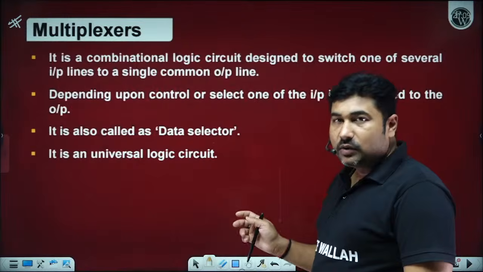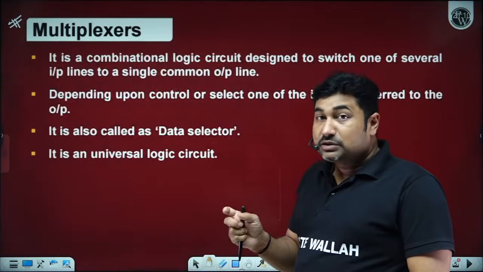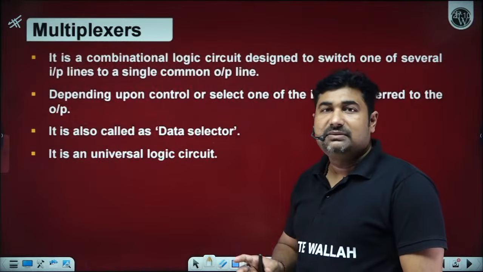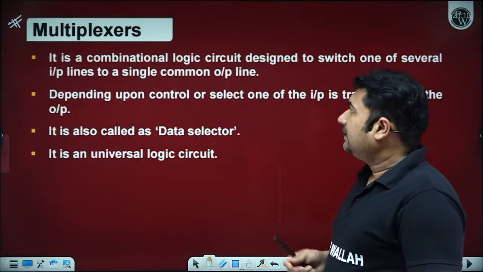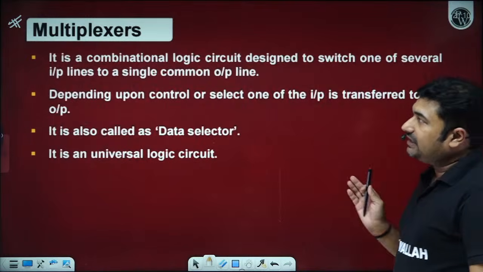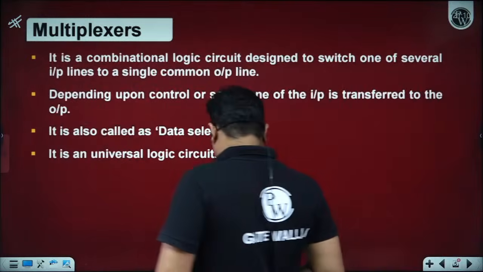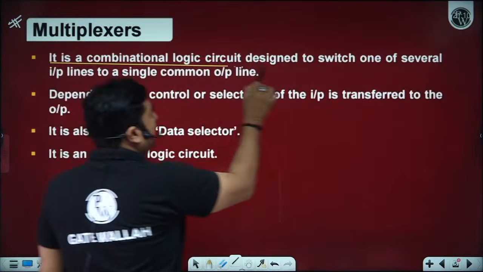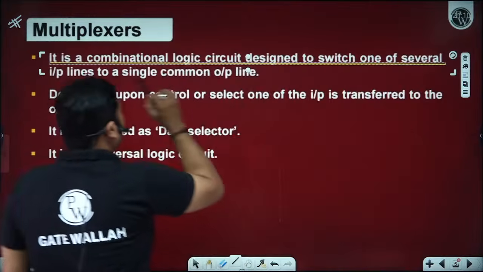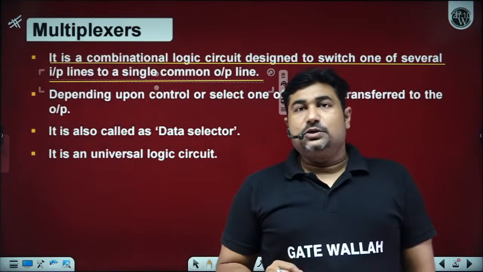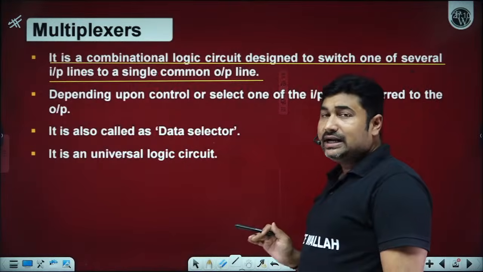You can note down, make short notes and be attentive to understand the entire multiplexer and demultiplexer in just one lecture. Okay, so it is a combinational logic circuit designed to switch one of the several inputs to a single common output, also called a many to one circuit, because it has many inputs and only one output.